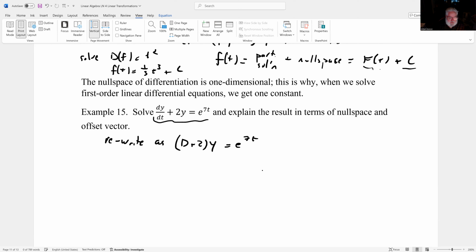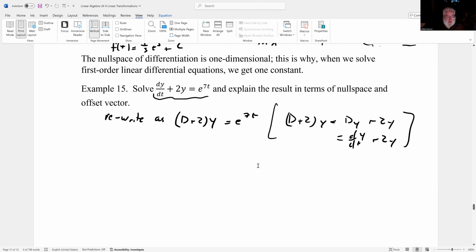We write it like this. And this is what the notation is. And we know how to solve this because we did this before.